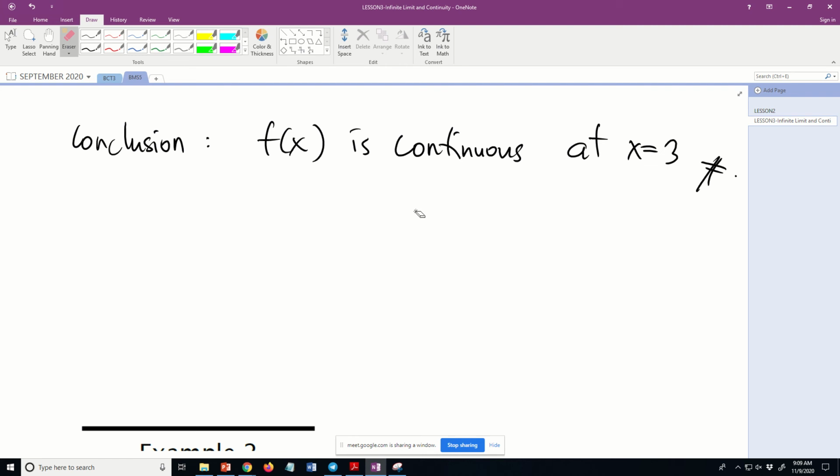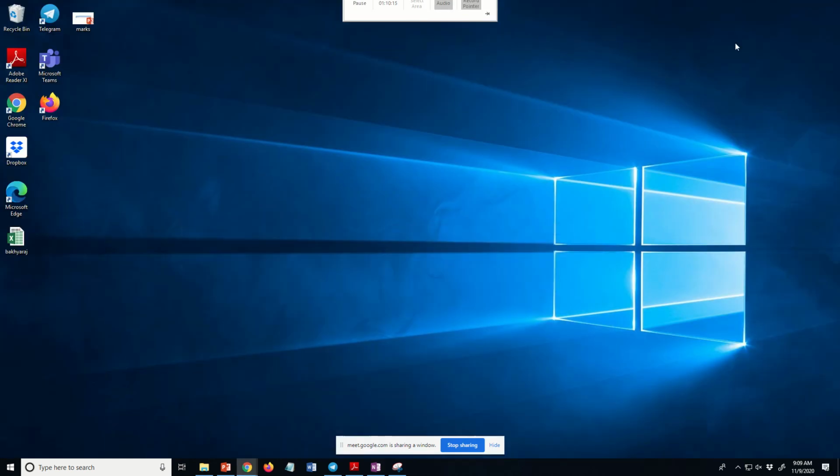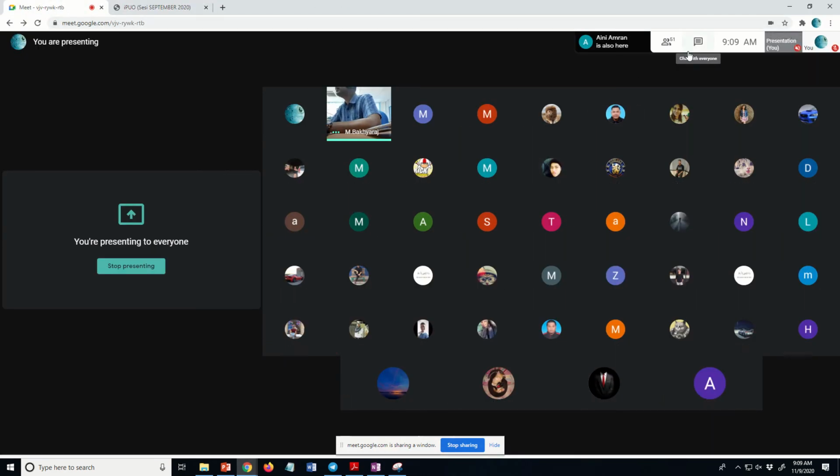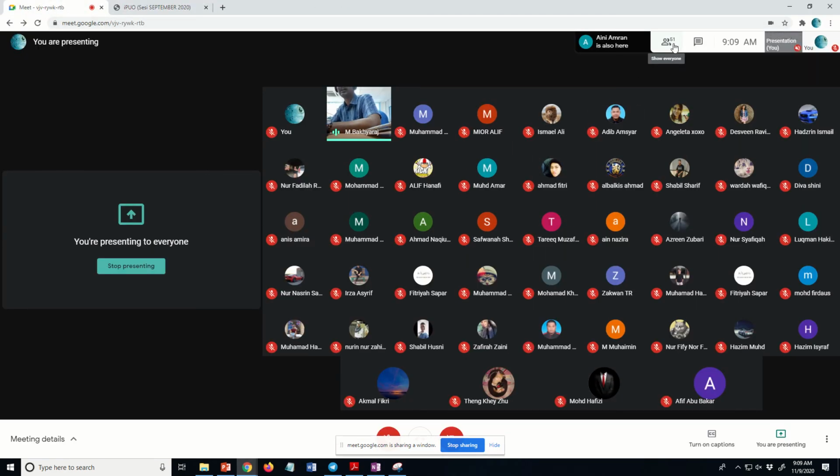Tak boleh masuk ke apa ya? Okay, so far saya nampak dalam grup ni ada 51 orang. Saya pun ada 2. Ada juga yang 2 orang. Macam Fitria ada 2. Maksudnya Fitria guna 2 device lah.